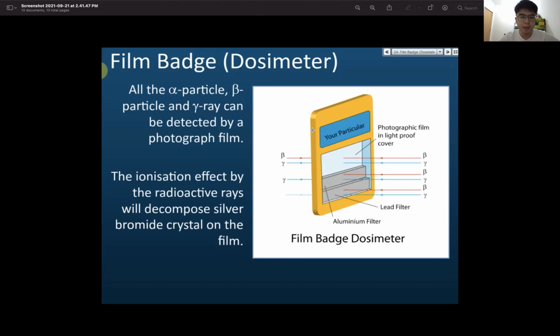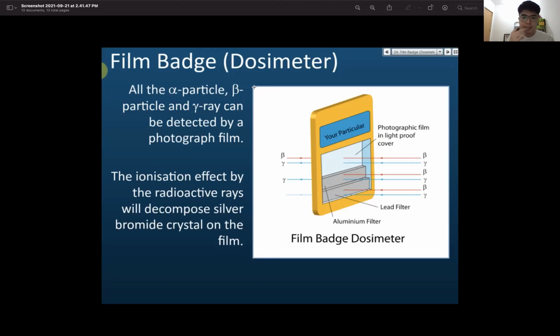So that is the downside of it. That is why people who work at the nuclear power plant are very highly paid, because they're risking their lives. So they have to wear this film badge.